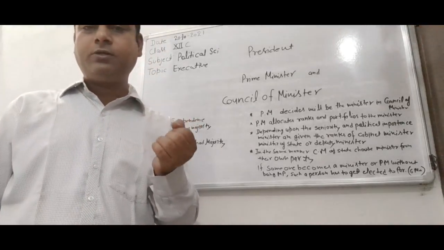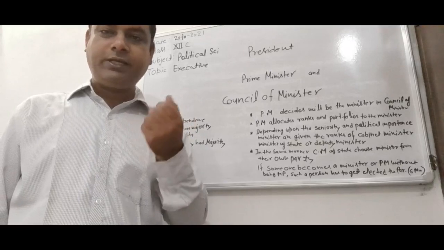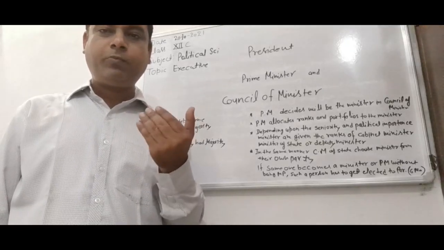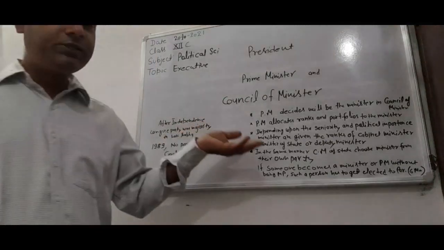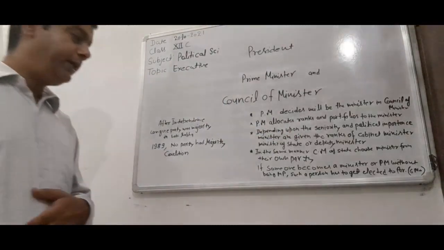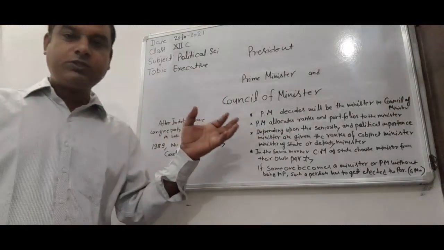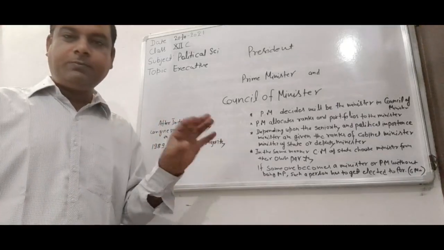Suppose some persons are less important for the political party, so they take lower posts like minister of state and deputy minister.